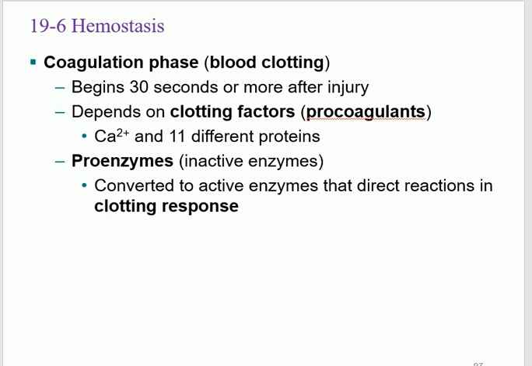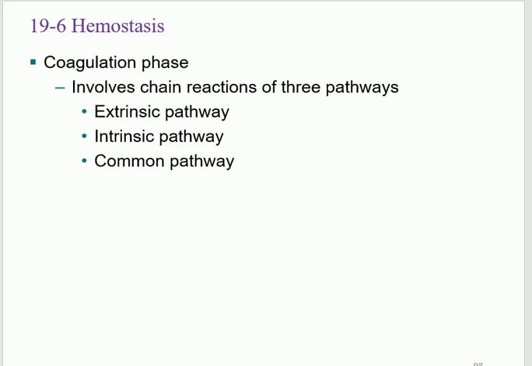There are some enzymes that are going to be activated. These are inactive enzymes called proenzymes. They will be activated to help the process of coagulation. So, how does coagulation occur? There are steps, but I'm not going to go through every single step. I will just give you the general idea, but the last one is what you have to know, the common pathway.